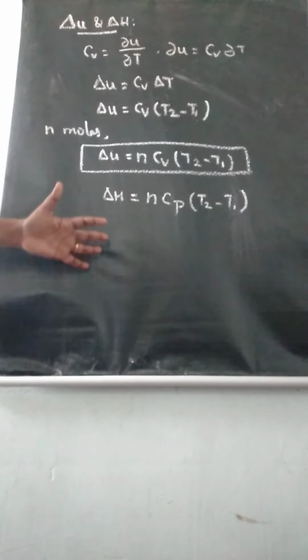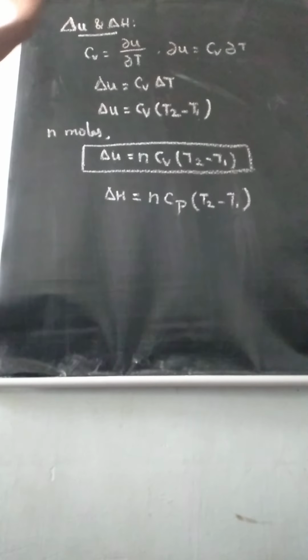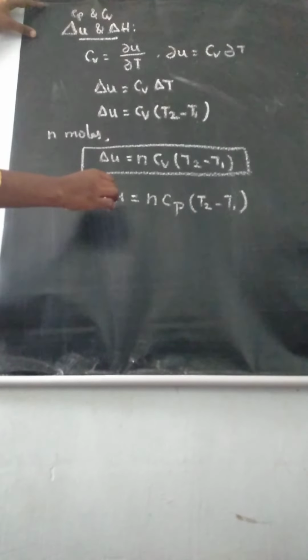The same way you can write the delta H formula also. Understand this? So first we learn the topic relation between Cp and Cv. By using this expression we learnt how we can measure delta U and delta H.